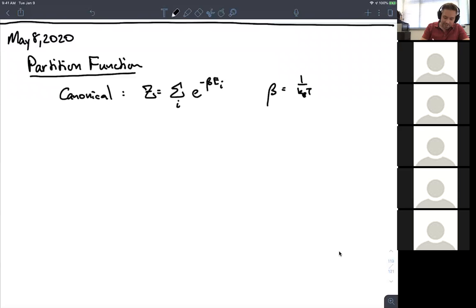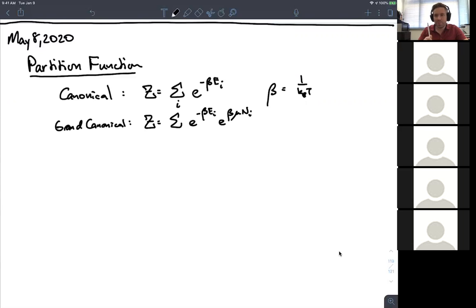In the grand canonical ensemble, the partition function is calculated again as the exponential of e to the minus beta E_i, and then you also multiply by e to the beta mu n sub i, where mu is the chemical potential. And again, you sum over all i's.